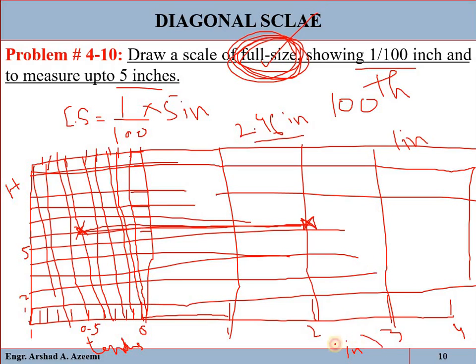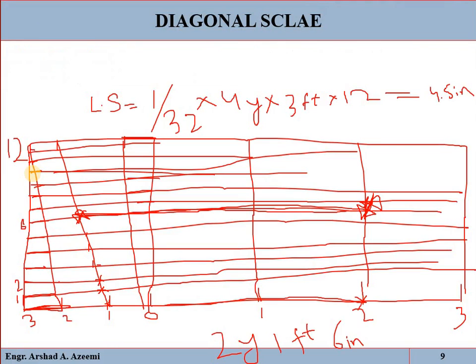Remember, here you have to represent the units: inches, tenths and hundredths. Just go to the previous example: there you have to represent yard, feet and inches, and also the representative fraction.